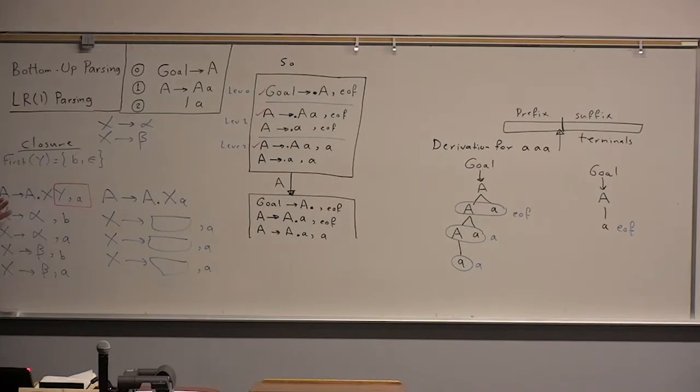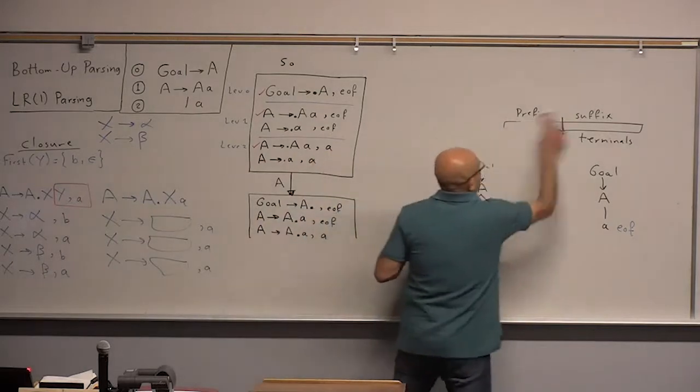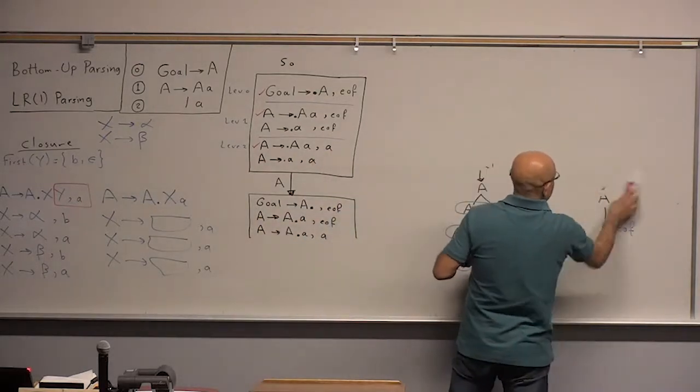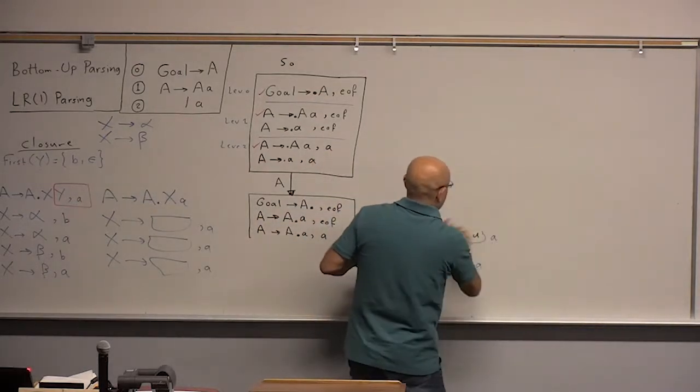Okay, so this is how we compute this closure. The closure may be the part that most students find the hardest, and usually students miss something in the closure.